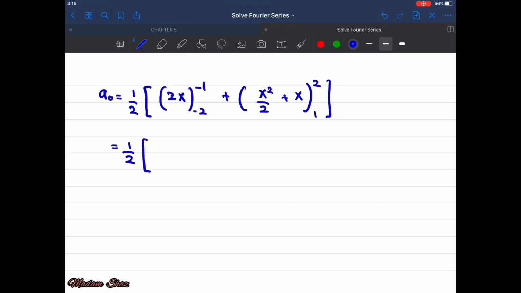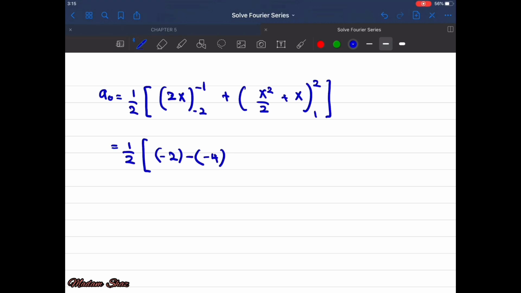So now substitute the limit. 1 over 2, substitute -1 to the position of x. 2 multiply -1 will become -2. -2 minus, substitute -2 to the position of x. 2 multiply -2 will become -4.